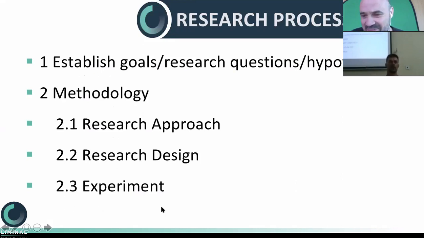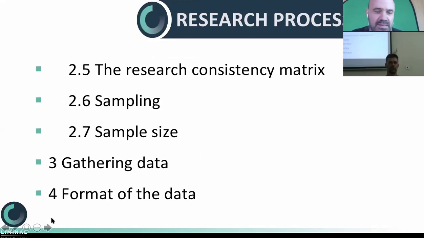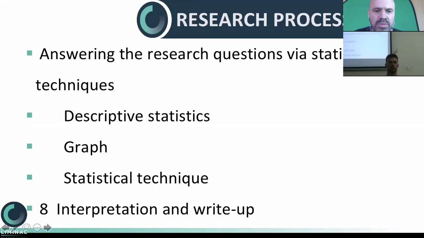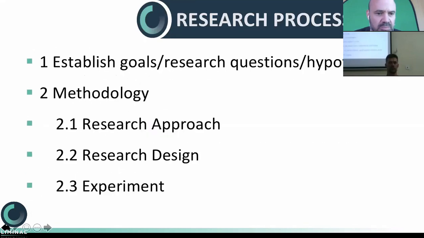That's validity and reliability. Just put in the 2.4 as reliability and validity. Okay. Then that's the data analysis cycle we talked about, and the interpretation and write-up. So just put in 2.4, just don't forget to put in here, there's validity and reliability of the questionnaire.